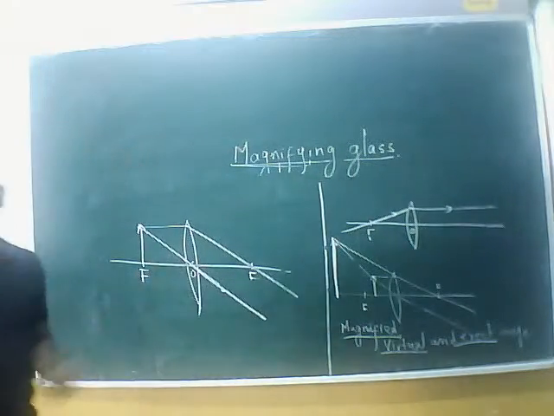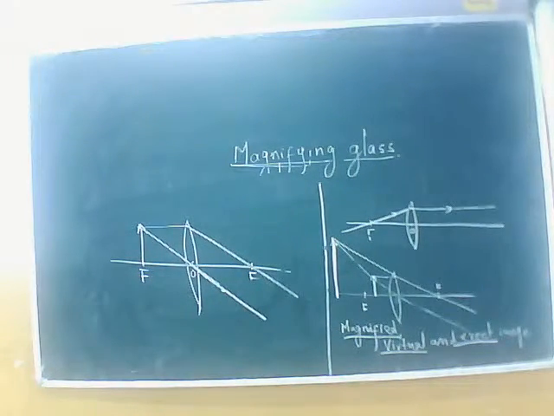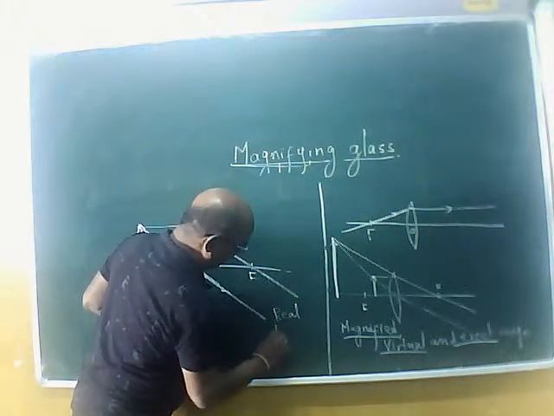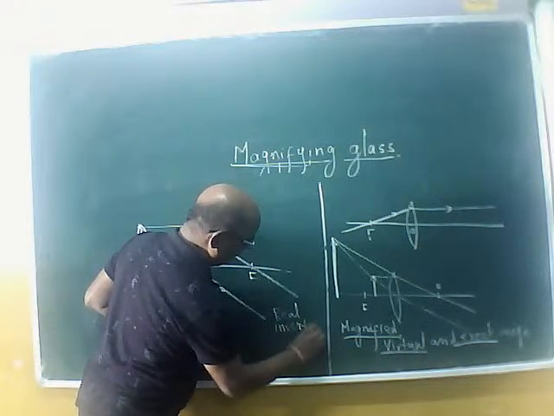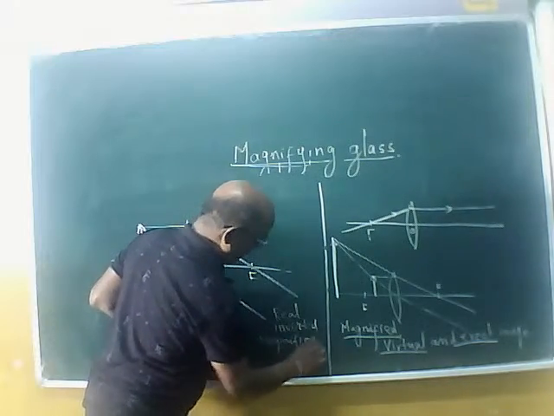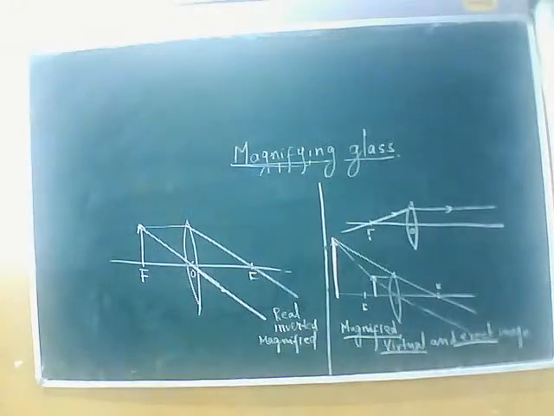But if we keep the object at the focus, what kind of image will we find? We will find a highly enlarged, real and inverted image is formed. Real, inverted, magnified image is formed when you keep it at the focus, at infinity.